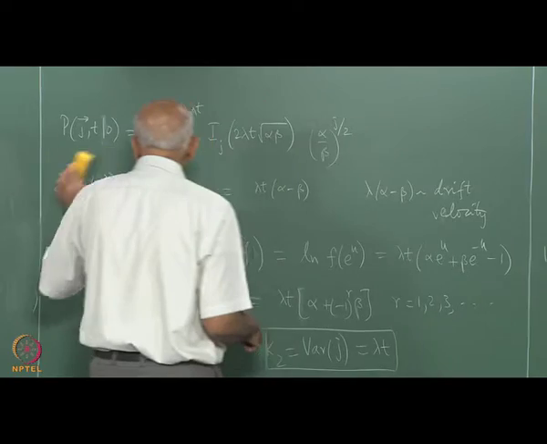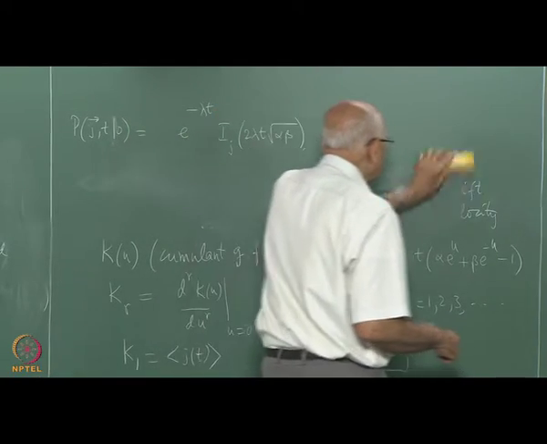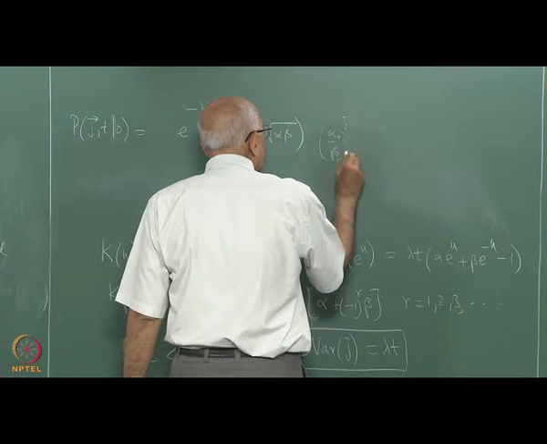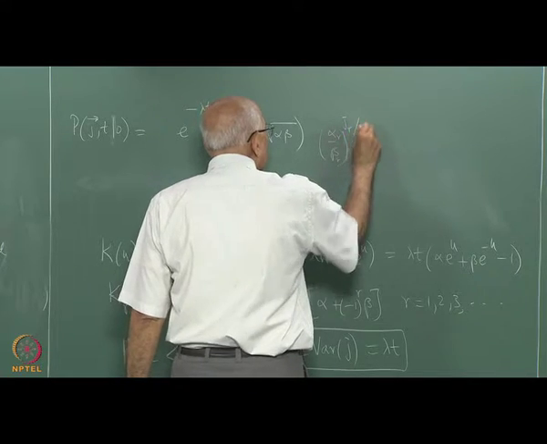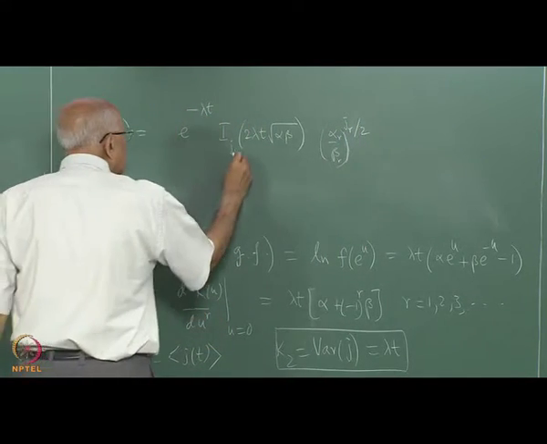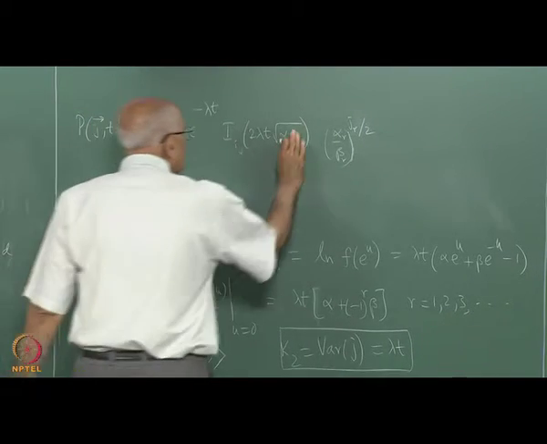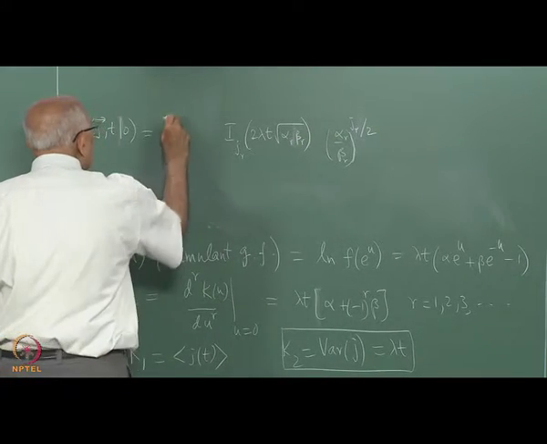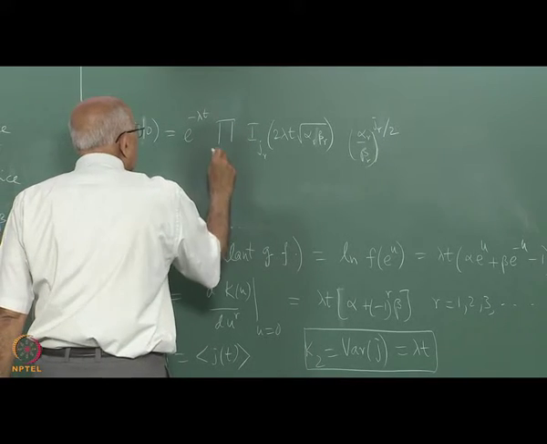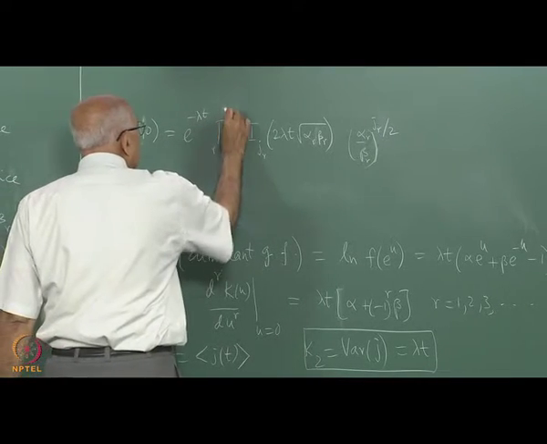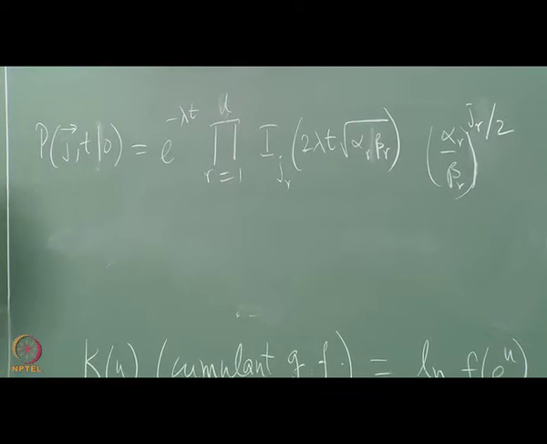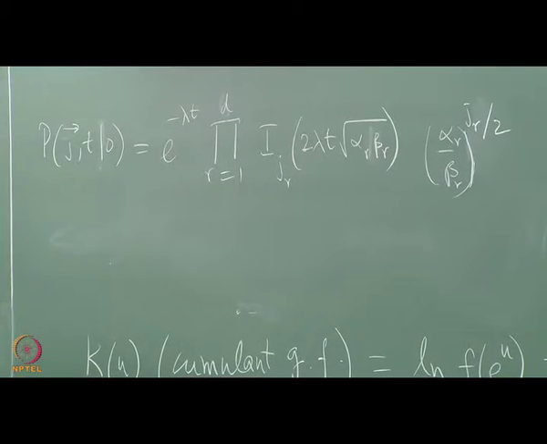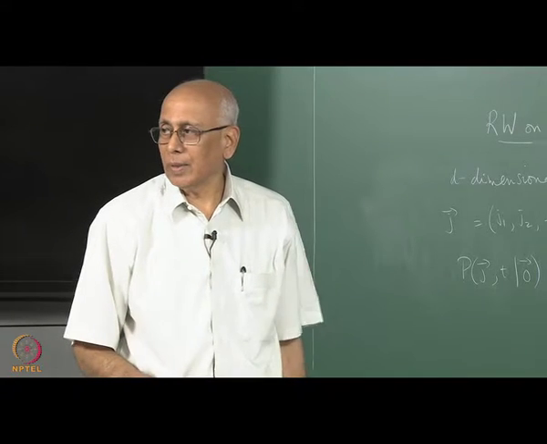So what you would have is simply the same thing as this, except this would be alpha r over beta r to the j sub r over 2, and this would be the Bessel function with index j subscript r, argument 2 lambda t square root of alpha r beta r here, times e to the minus lambda t, a product from r equal to 1 to d. And that is the solution. It immediately follows that this is the solution in a d-dimensional hypercubic lattice. Okay.